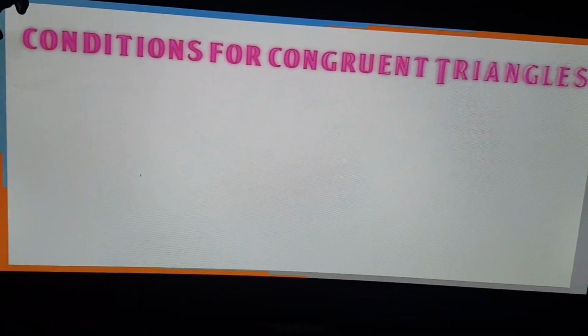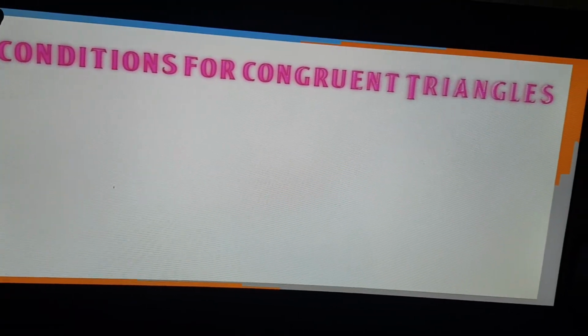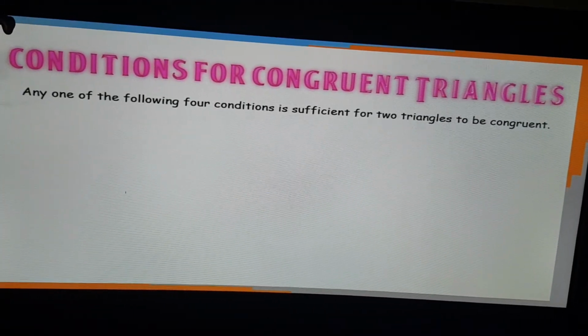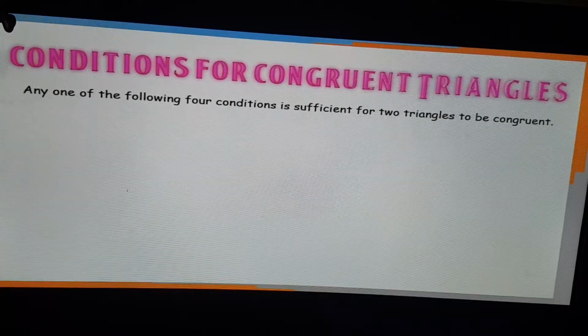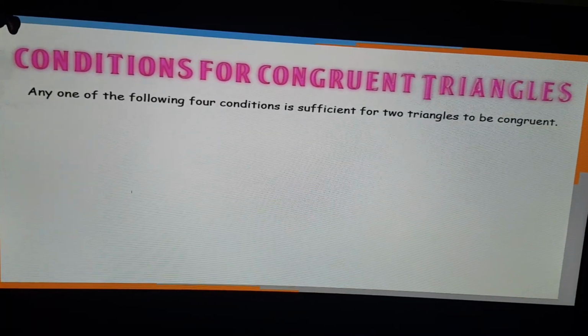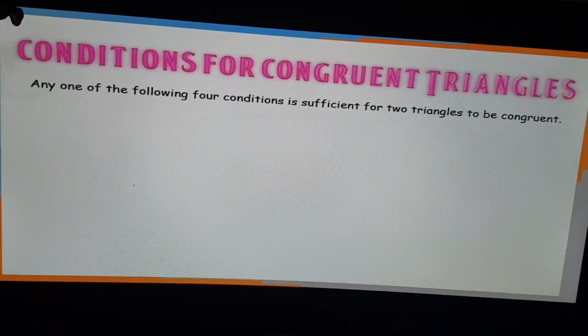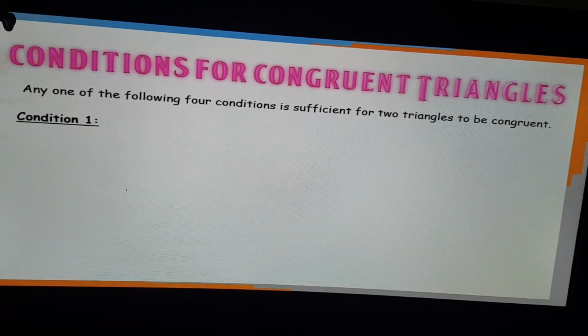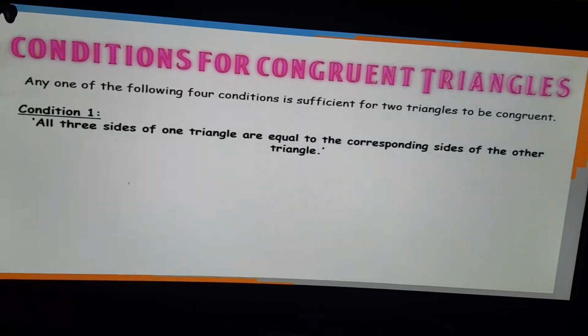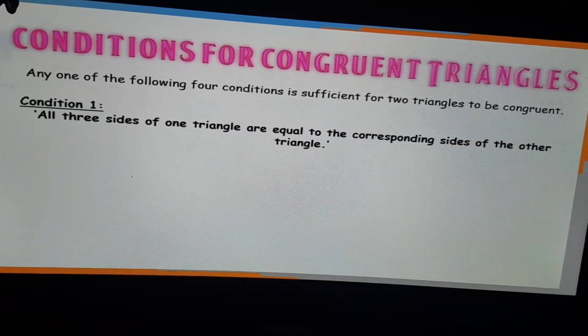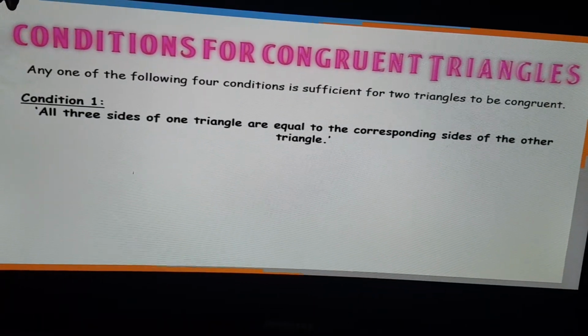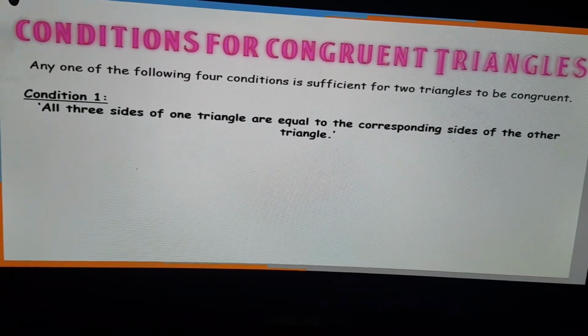Now we're moving on to the conditions for congruent triangles. What are the conditions for congruent triangles? We've got four basic conditions necessary for triangles to be congruent. The first condition states that all three sides of one triangle are equal to the corresponding sides of the other triangle.